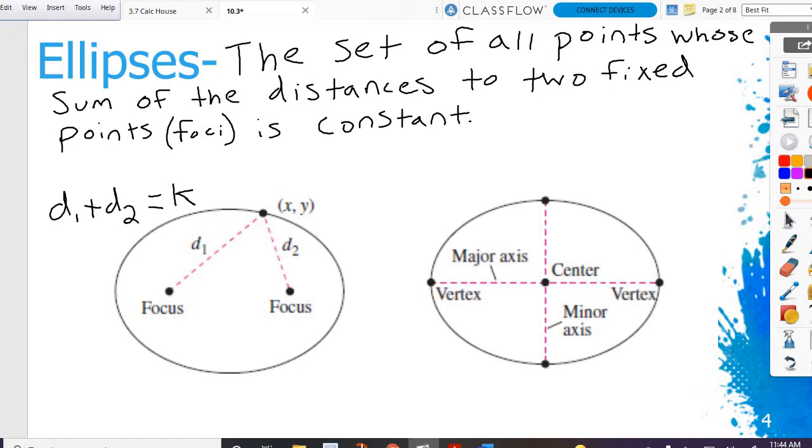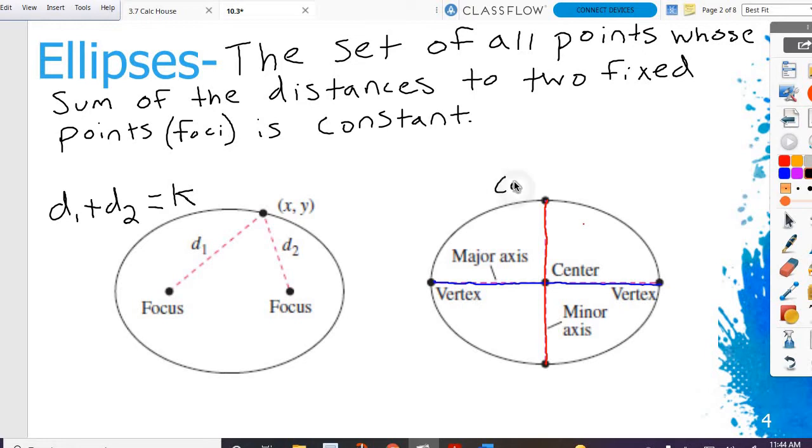Two, which is why we have a major axis, which is going to be the longer of the two, and a minor axis, which is the shorter of the two. And your center is where those two things intersect. And we have two vertices, which are at the ends of your major axis.